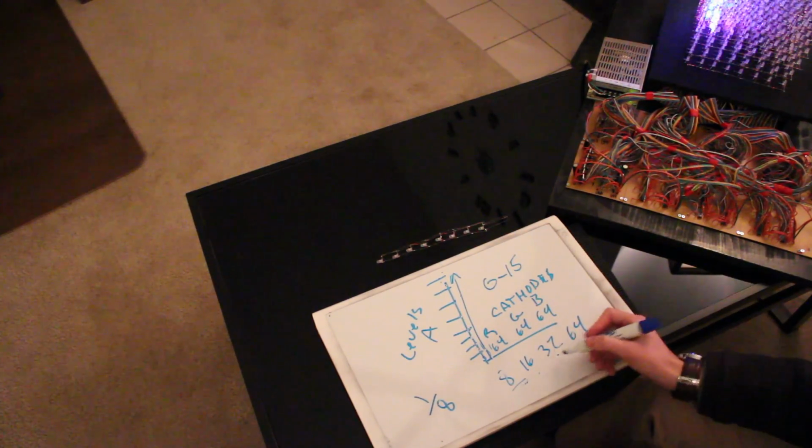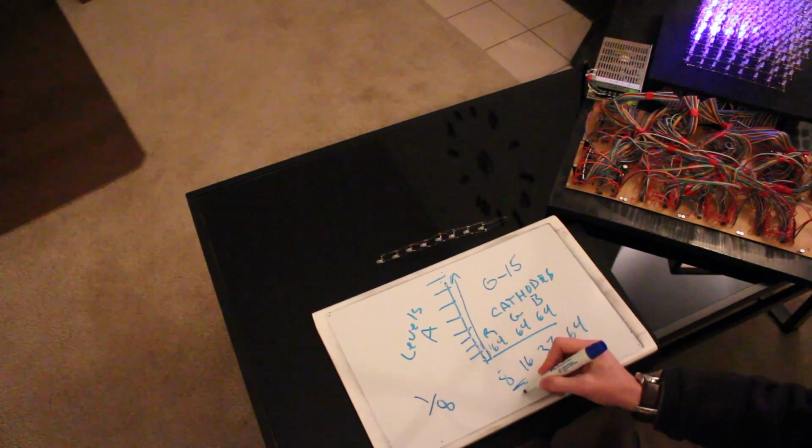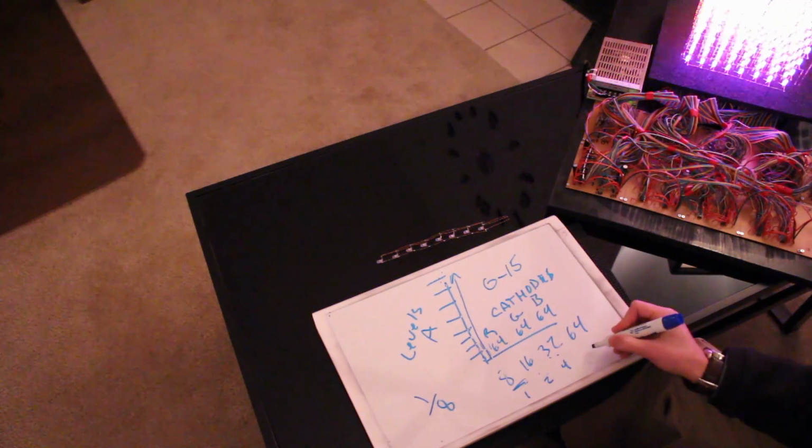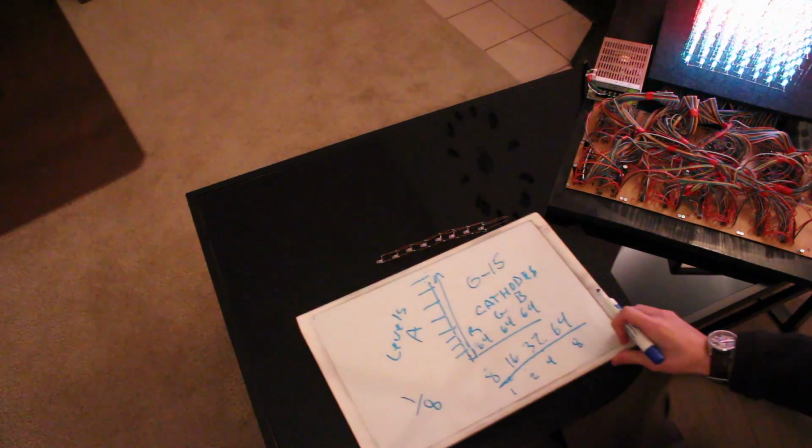Okay, so let me see if I could just explain this a little better. So this is a 1, 2, a 4, and then an 8, and then that gives you your total of 16.